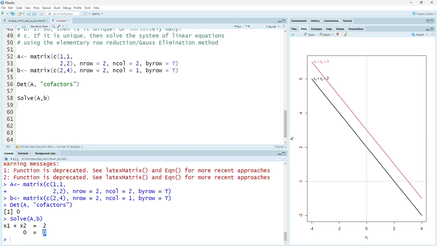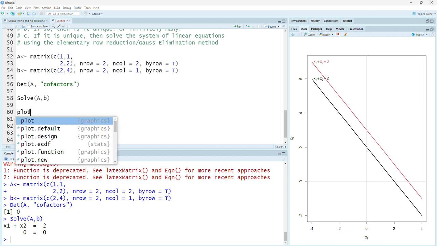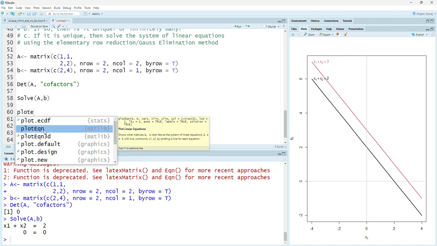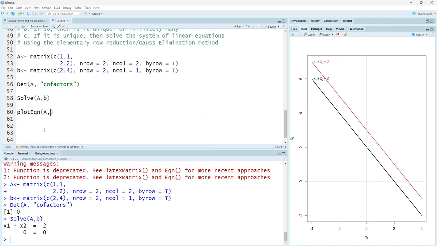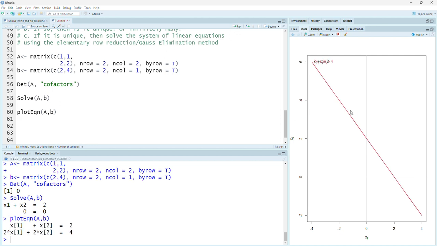So let's visualize it by plotting these two equations, A and B. Once we plot it, you will see that these two lines overlap each other. It means there are infinitely many solutions. A solution means the point where they intersect with each other.